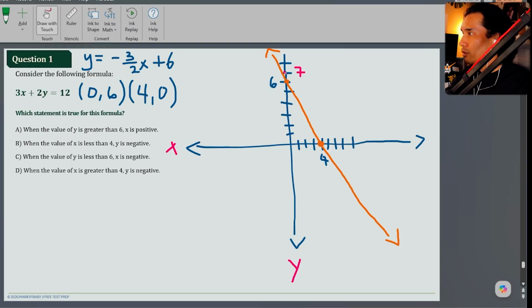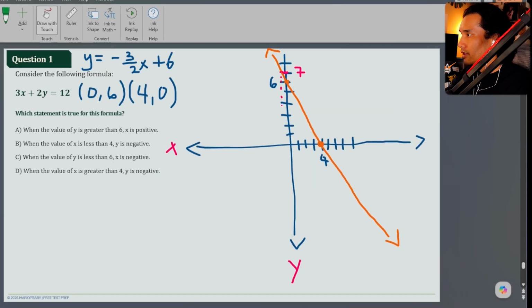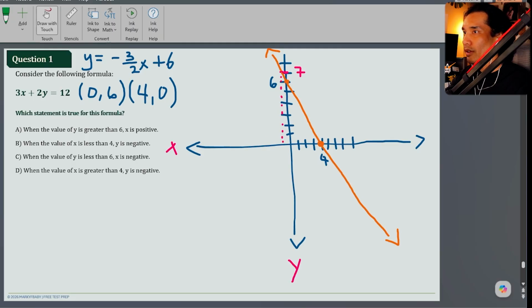So we get our 7 right here. We're going to plot it, and then go to our line. Our line here stops about right here, and then let's go down to the axis and see if it's positive or negative. Well, in fact, this part of the graph is negative. So this is incorrect, because this says x is positive. Well, in fact, x is negative.